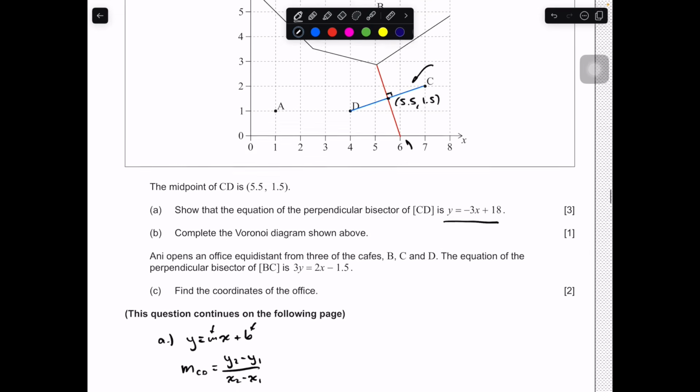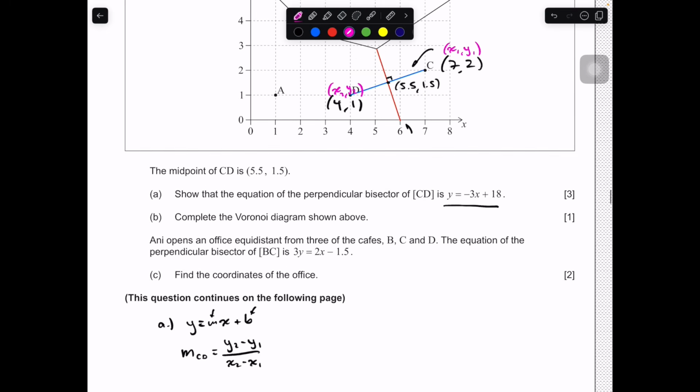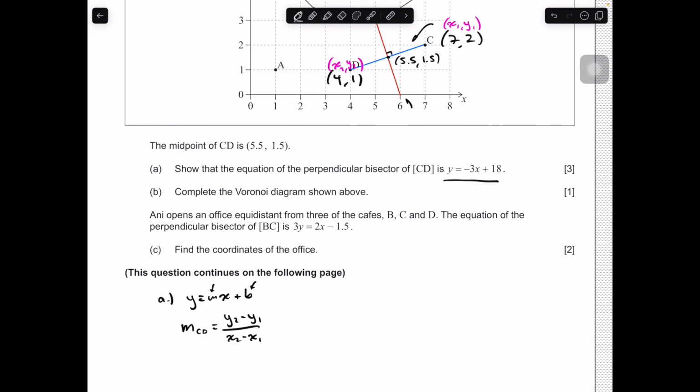And so we know point C right here is 7, 2. And we know point D is 4, 1. And if we want, we can put some values of x1, y1, just to simplify things, and we can call this x2, y2 if we want. Okay. And so, hopefully it's still possible to see everything. I'm just going to continue on here actually.